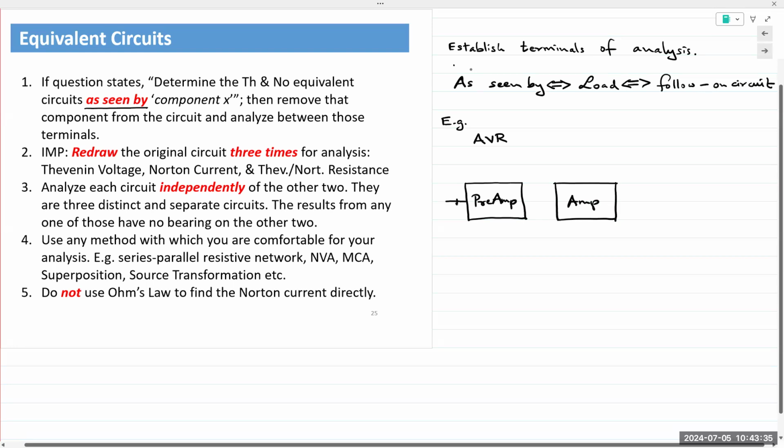This preamp will have a source. That source could be anything. Could be your gaming system. Could be your Blu-ray DVD player. Or anything else for that matter.